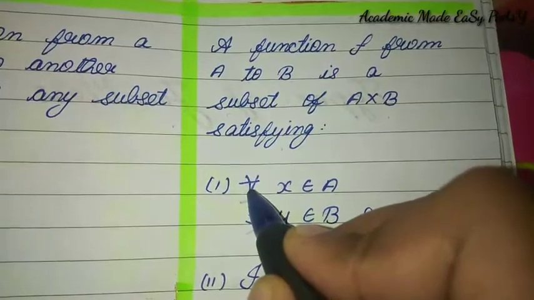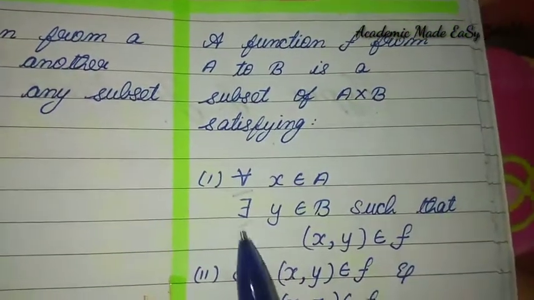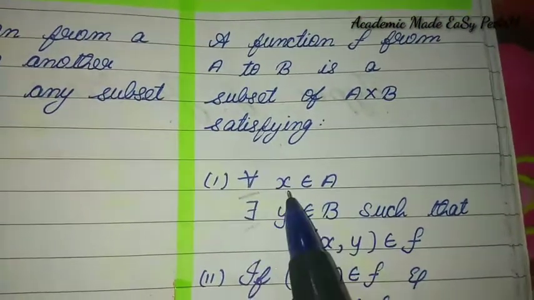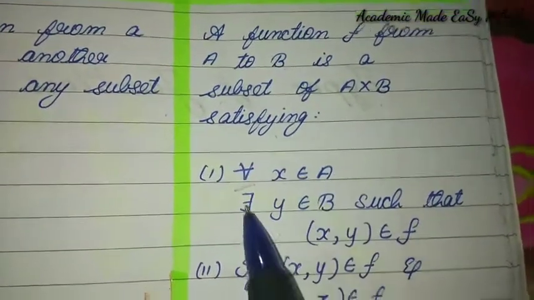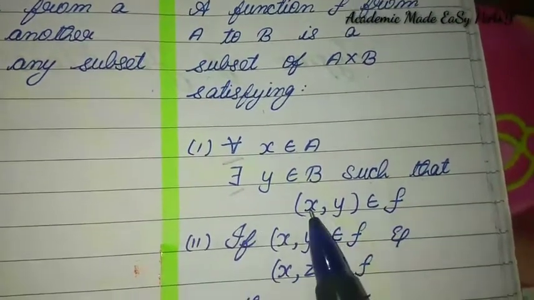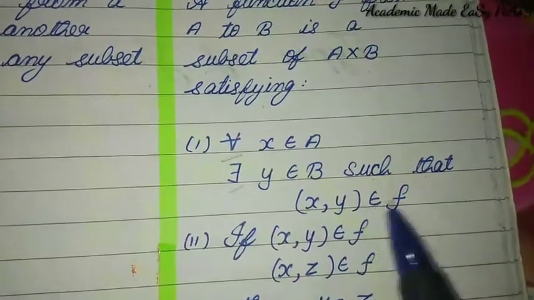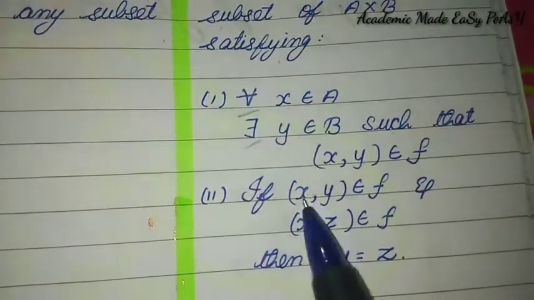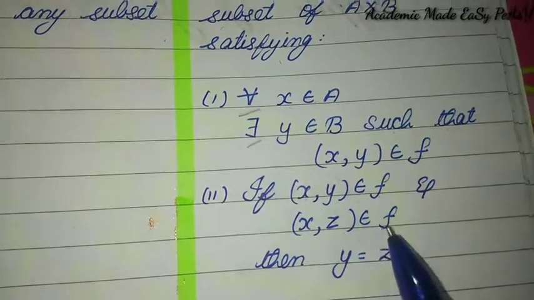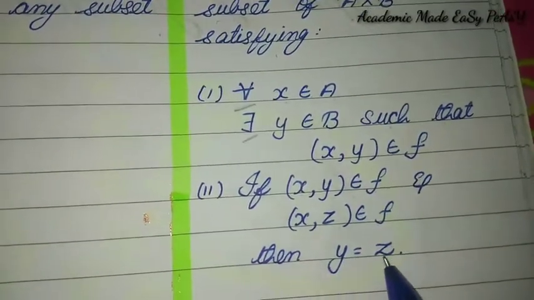Now this symbol represents "for every", and this symbol represents "there exists". So for every x belonging to A, there exists y belonging to B, such that (x, y) belongs to f. If (x, y) belongs to f and (x, z) also belongs to f, it means y is also equal to z.